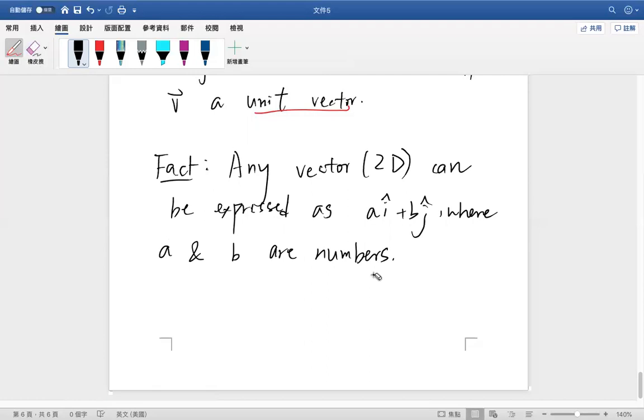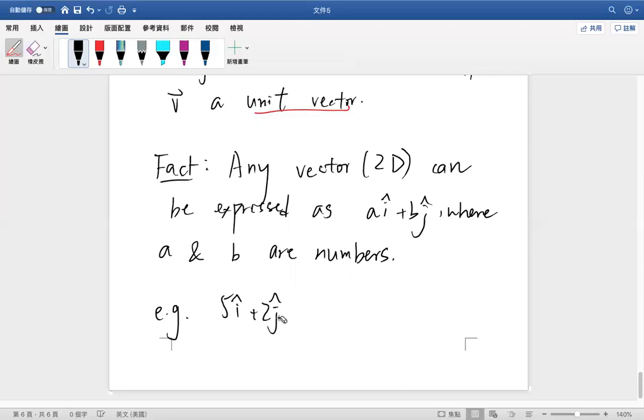So now why can we do so? I'm not going to tell you why in general. I will try to convince you using an example. Let's try to sketch 5i plus 2j.